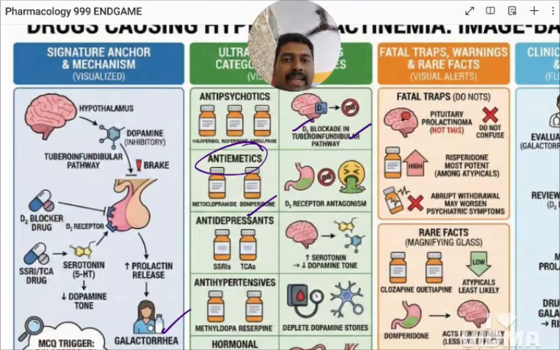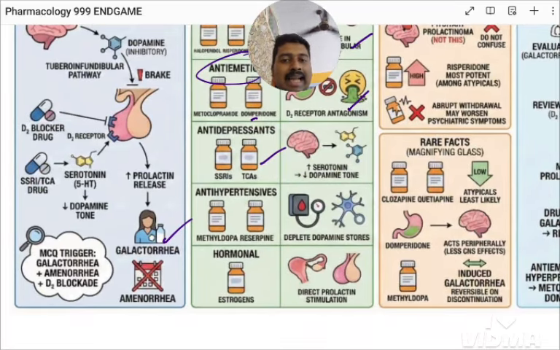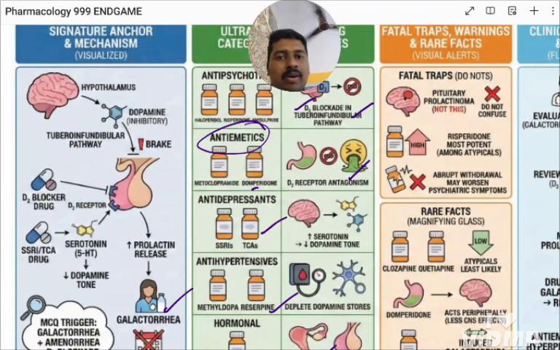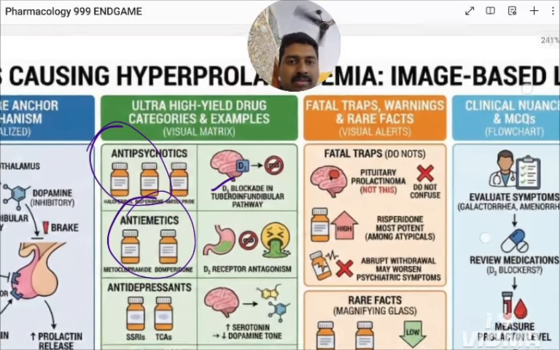Third is antidepressants. They increase serotonin and decrease dopamine tone, so they also cause hyperprolactinemia. Next are antihypertensives, less frequently, and then estrogens, which directly stimulate prolactin secretion. Out of all these, remember two important drug groups, antipsychotics and antiemetics, along with antidepressants.